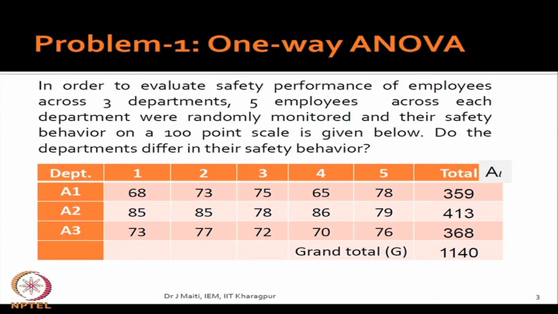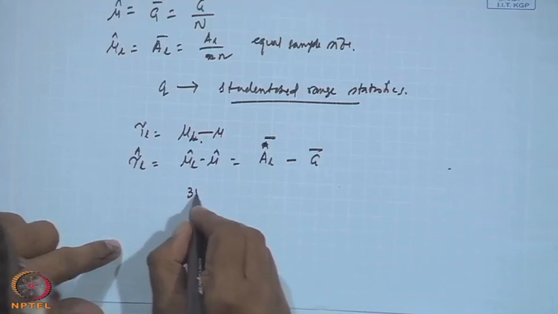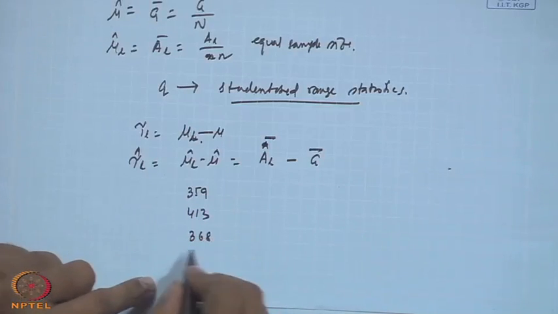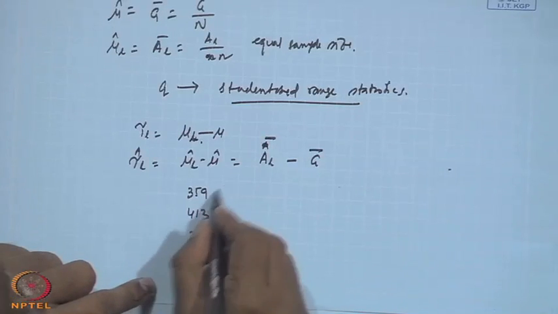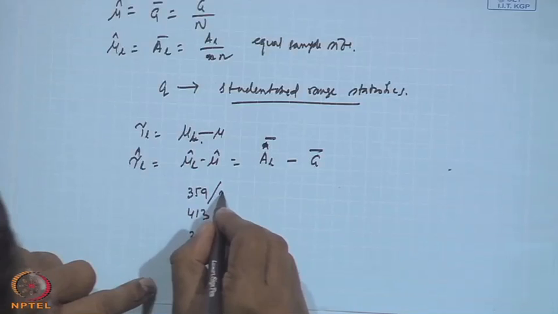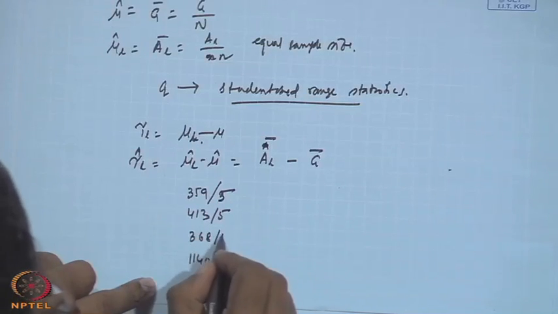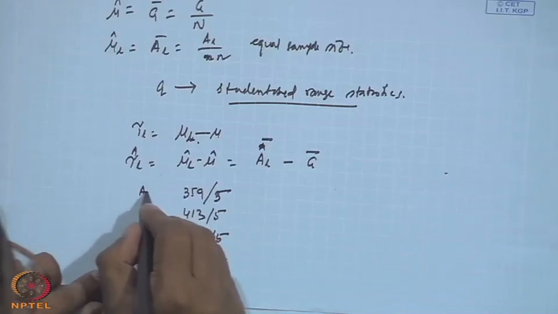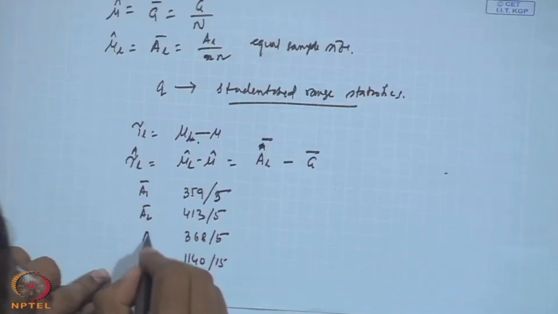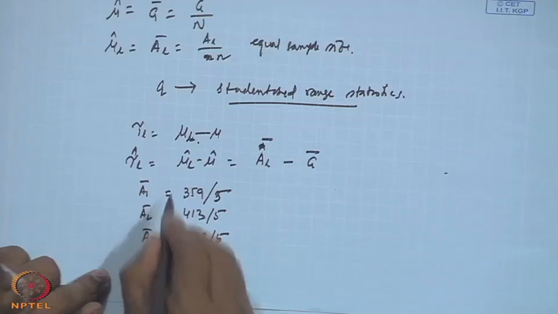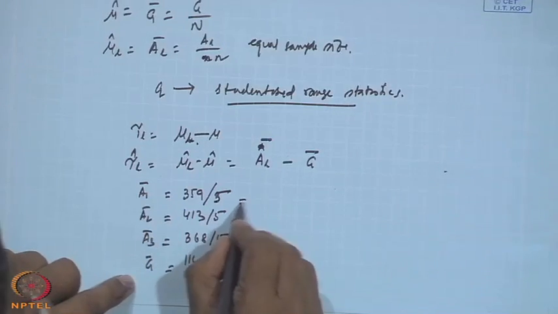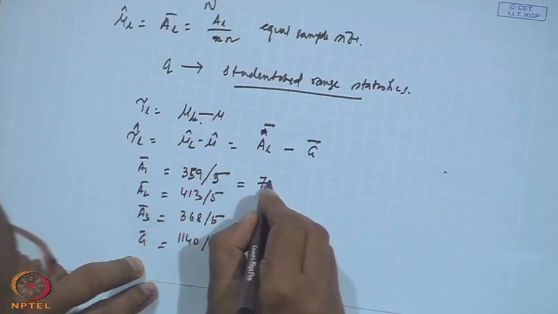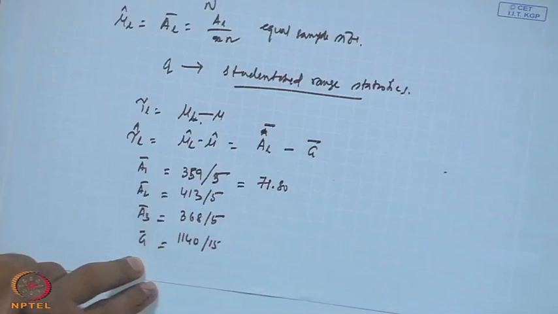These are AL: 359, then 413, then 368, and the grand total is 1140. So, here you divide it by 5, here you divide it by 5, here you divide it by 5, here you divide it by 15. So, then A1 bar, A2 bar, A3 bar and G bar will be equal to this. What will be this value? 359 by 5 will be 71.80.